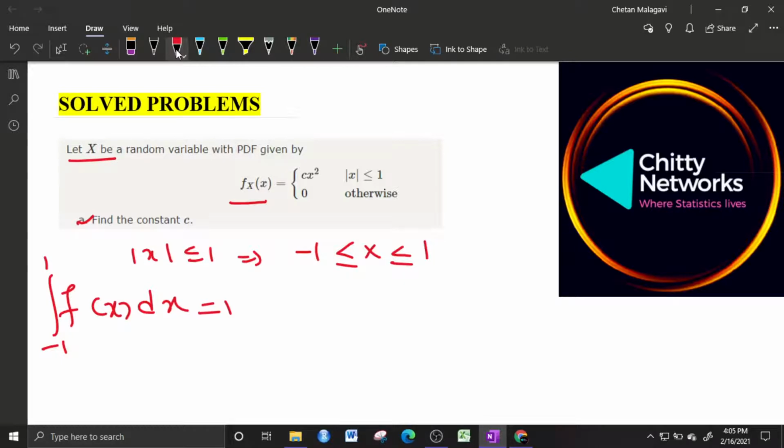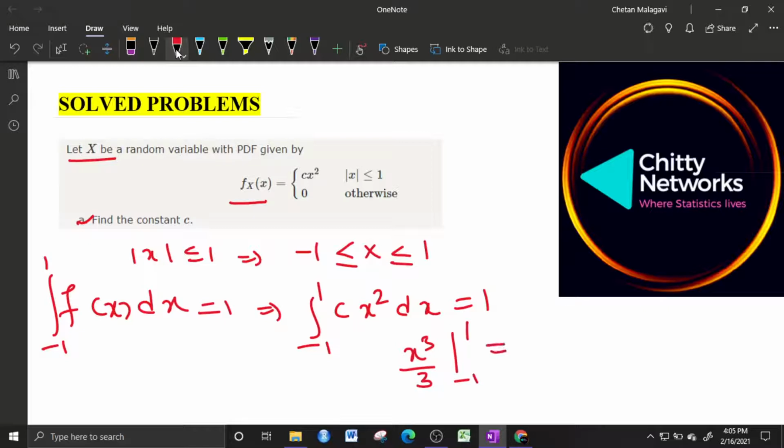So this implies the integral from minus 1 to plus 1 of c x squared dx should be equal to 1. Since c is a constant, I will take c out, and the integration of x squared is x power 3 by 3 from minus 1 to 1.